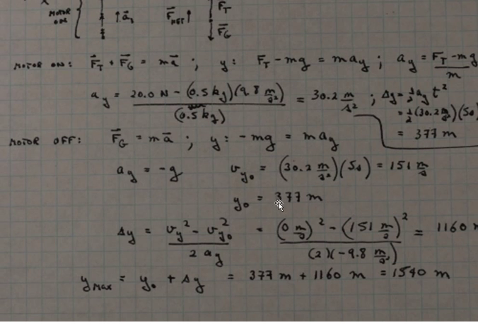So since I got an upward displacement of 377 meters, I can take that as y naught for my second phase. The maximum height of the rocket is going to be the height at the end of the first phase, 377 meters, plus its additional displacement upwards during the glide phase, 1160. So that comes out to be 1540 meters.